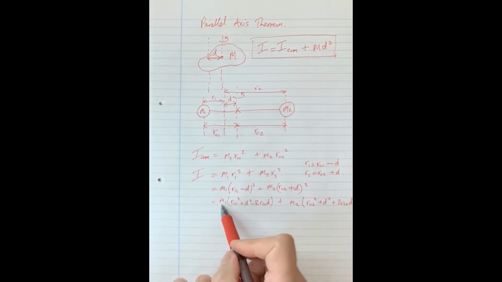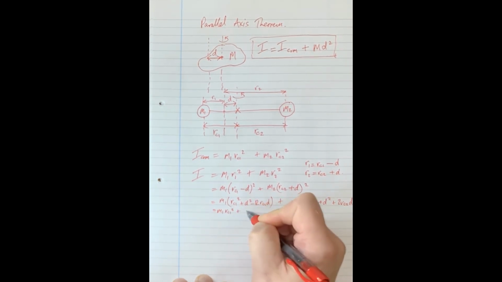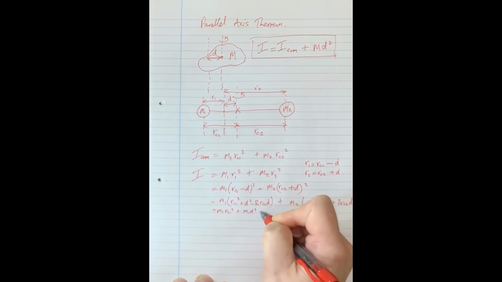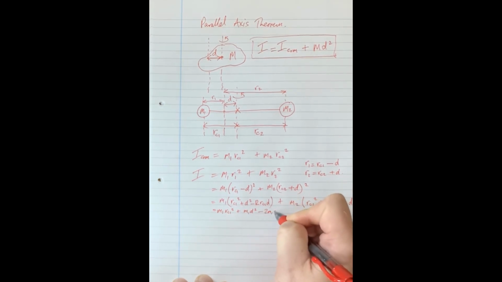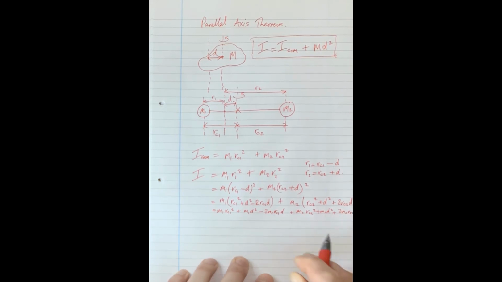Okay, and then if I multiply out the masses, I'll get M1 RC1 squared plus M1 d squared minus 2 M1 RC1 d, plus M2 times RC2 squared plus M2 d squared, and then finally plus 2 M2 RC2 d.